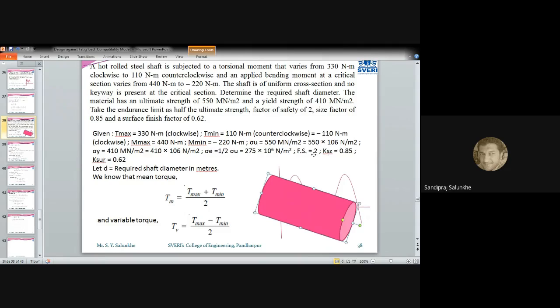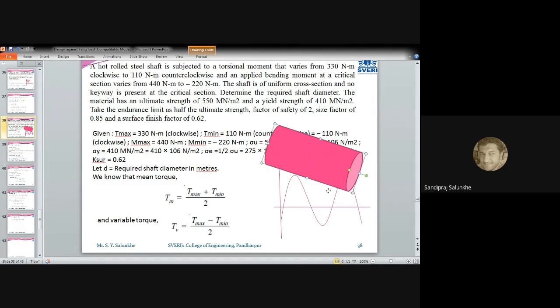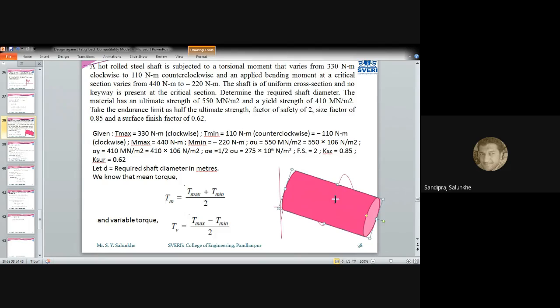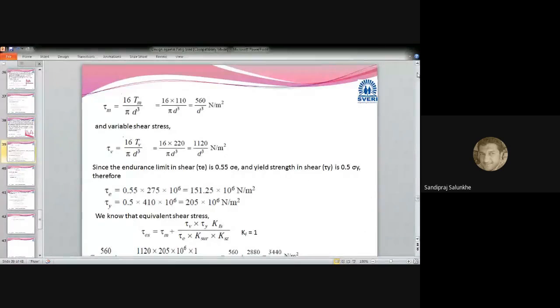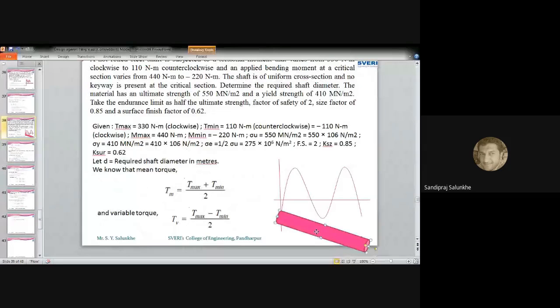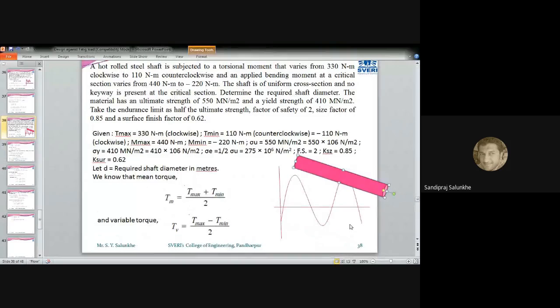Which is subjected to torsion stresses. Okay.